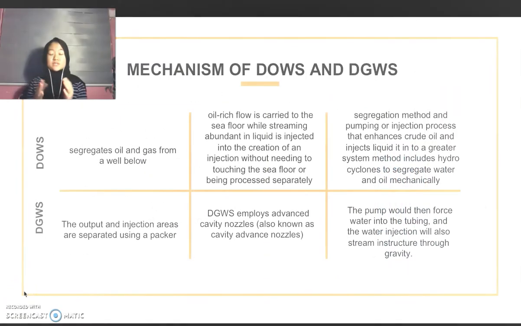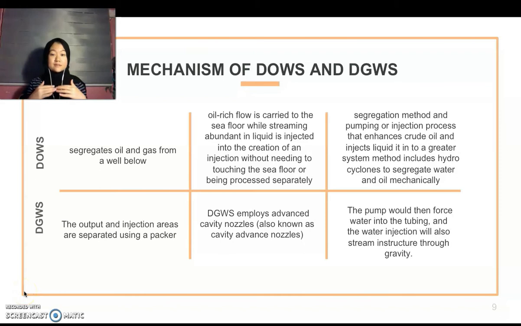Moving on to the second type, which is DGWS. The output and injection are separated, and the main equipment used in the mechanism is the cavity nozzles, which will pump the water out of the tubing, and water injection is also through gravity.